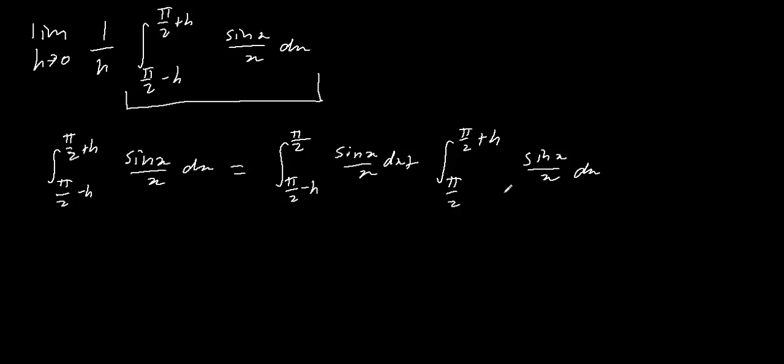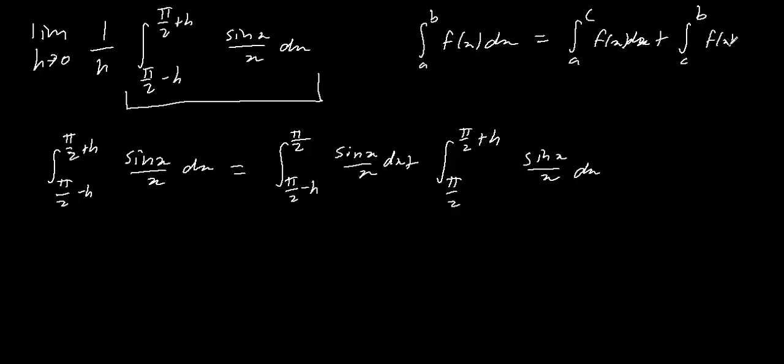This is just one of our definite integration rules. Imagine I have the integral between a and b of f of x dx. That's the same thing as the integral between a and c of f of x dx, plus the integral between c and b of f of x dx.